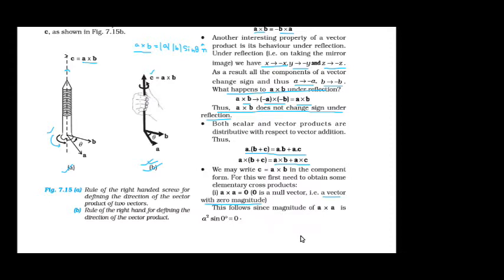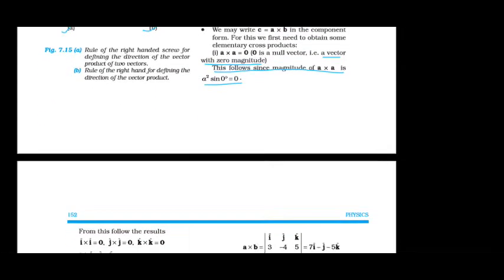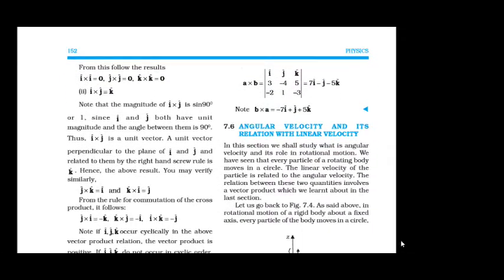This follows since the magnitude of A cross A is A square sine 0, that is 0.